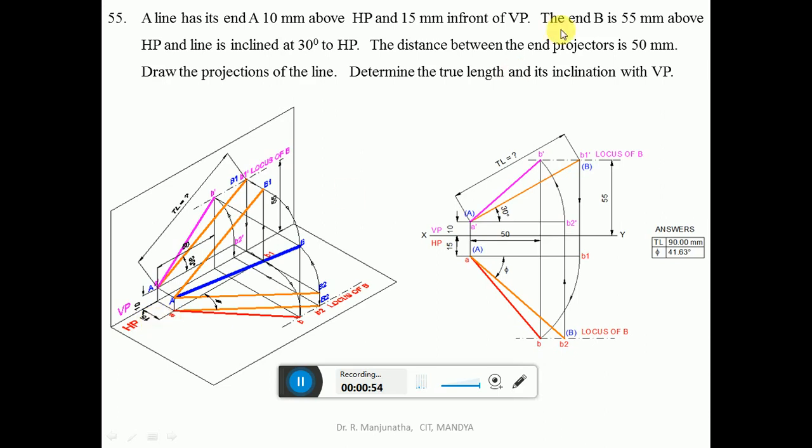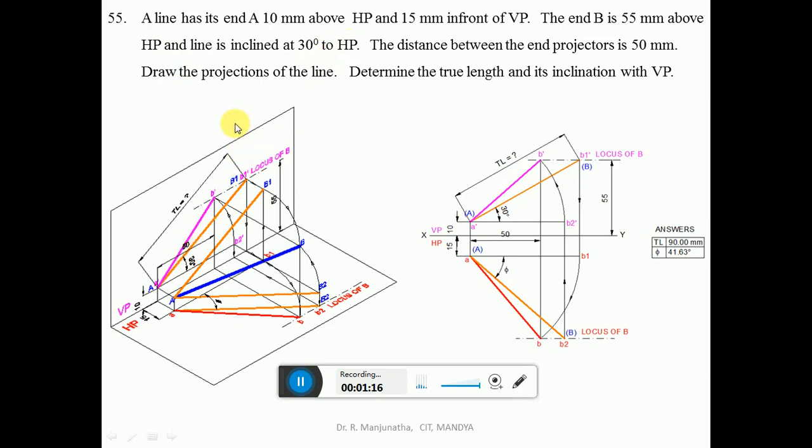So then B is 55 mm above HP. So when you look from the front view, we can see the distance above HP by 55 mm and draw a horizontal dash dot line. So this is going to be the locus of B in the front view. But now the line is inclined at 30 degrees to HP.